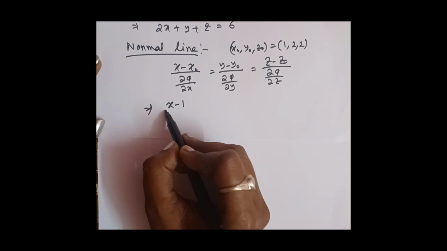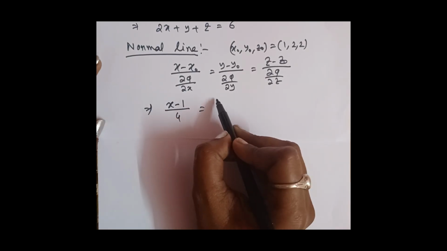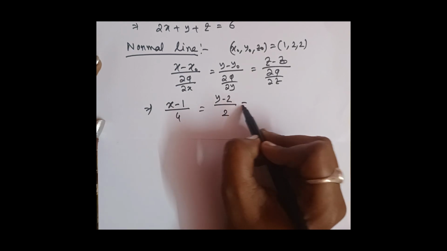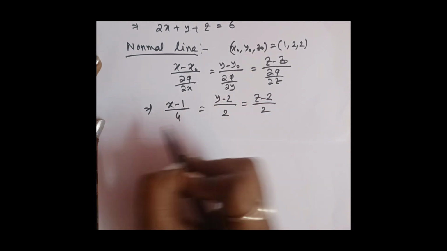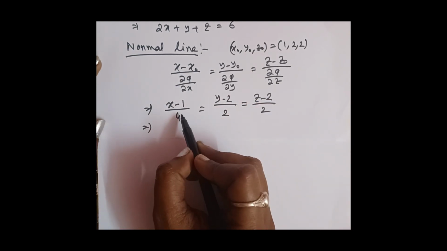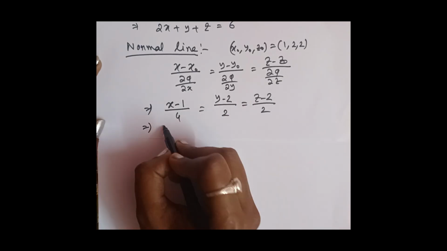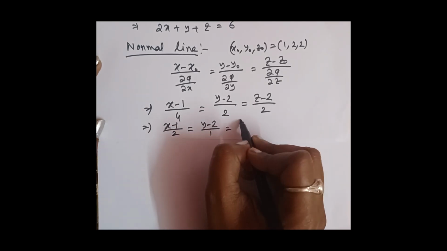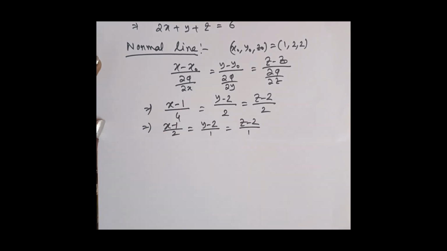So (x minus 1) by 4 equals (y minus 2) by 2 equals (z minus 2) by 2. If you cancel out 4, 2, 2 by 2, then (x minus 1) by 2 equals (y minus 2) by 1 equals (z minus 2) by 1.